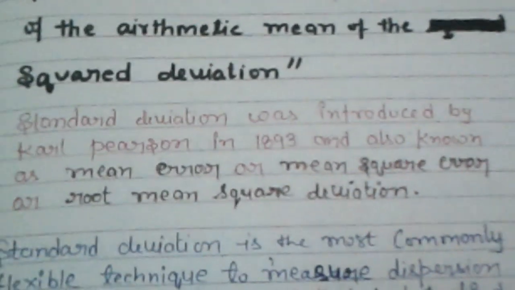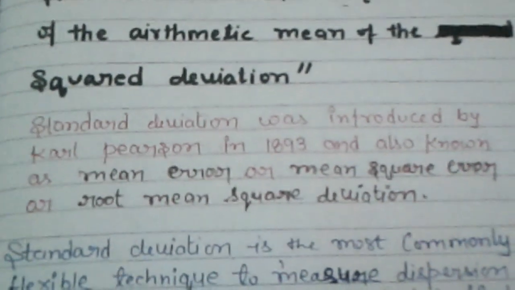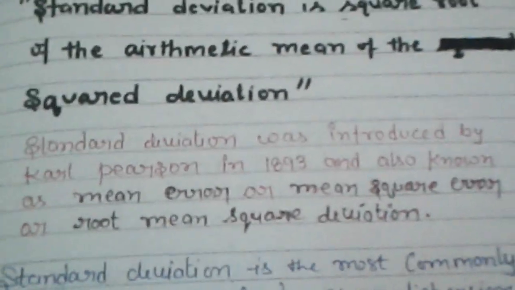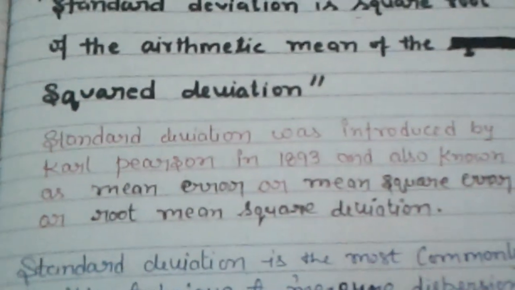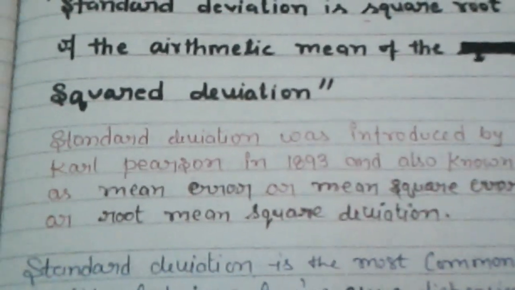Standard deviation was introduced by Karl Pearson in 1893 and is also known as mean error, mean square error, and root mean square deviation.